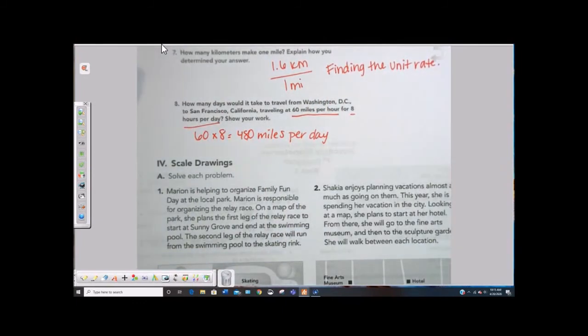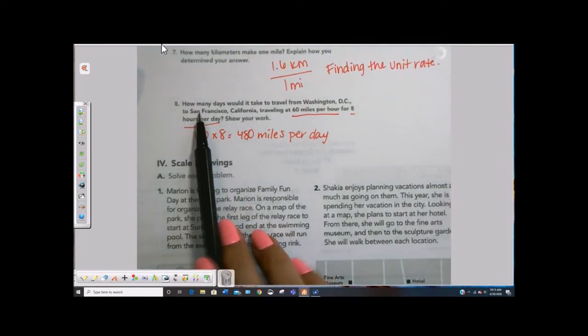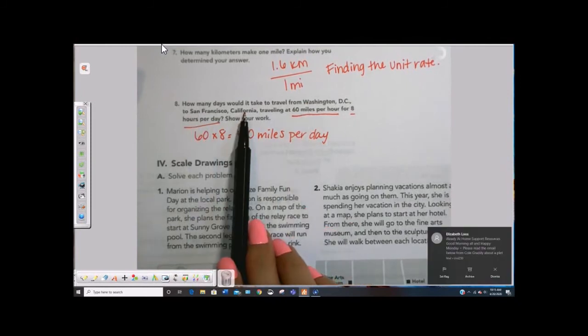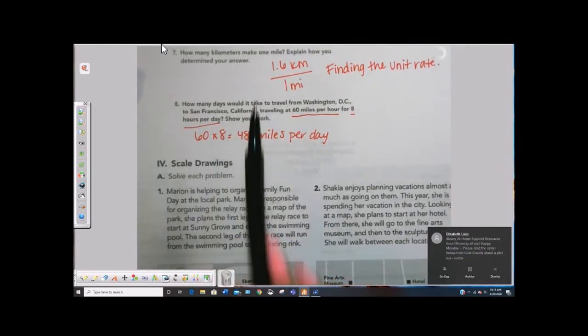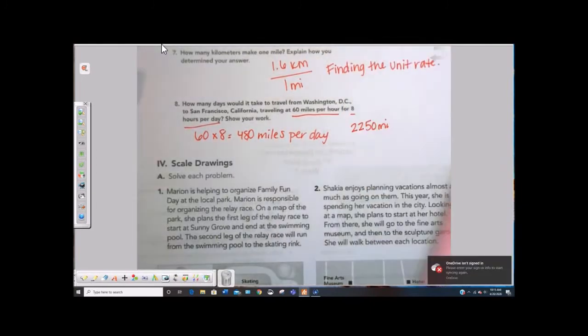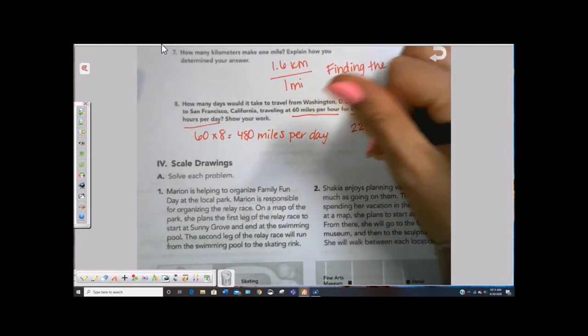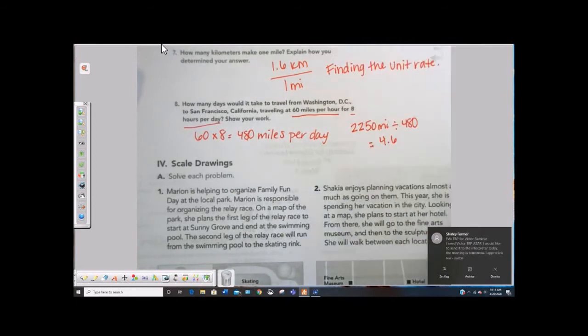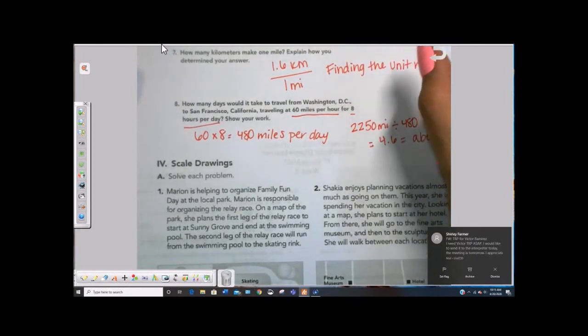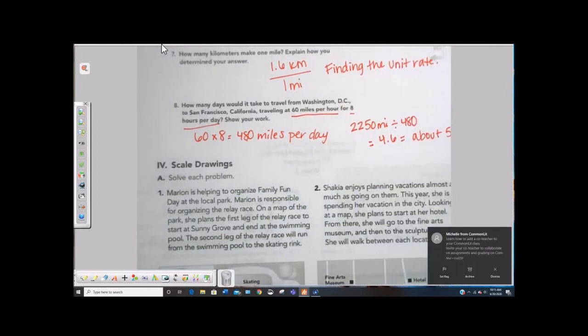And we know from Washington to San Francisco, from number 1 on the last page, is 2,250 miles. So 2,250 divided by 480, and you get a decimal, so it's 4.6. But if we round to the nearest whole, it's about 5 days.